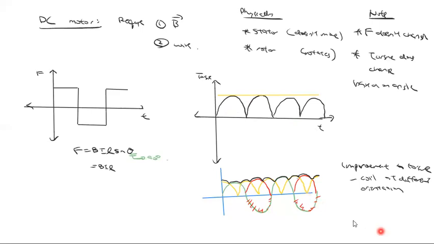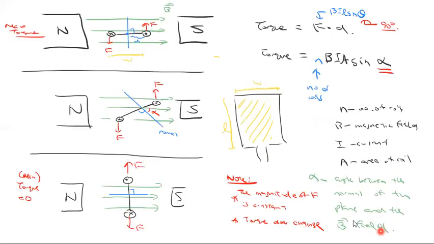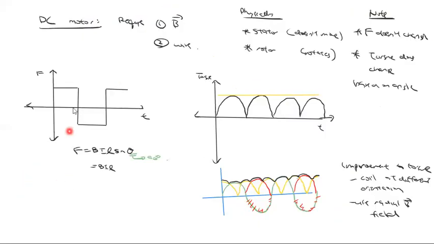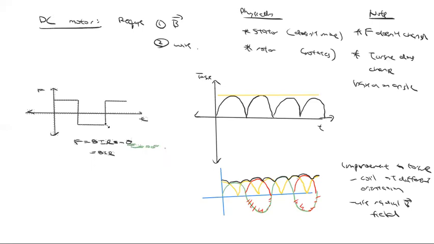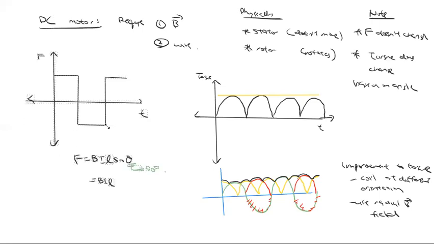Now, the other improvement we could make is we could use a radial magnetic field. That needs you to understand what a radial magnetic field is, and let me perhaps draw it here on the bottom left. A radial magnetic field is basically, as the name might suggest, radial, so radius.